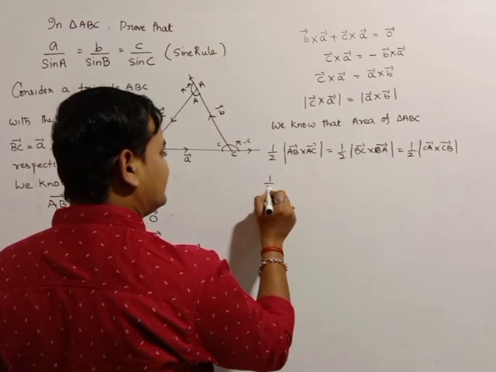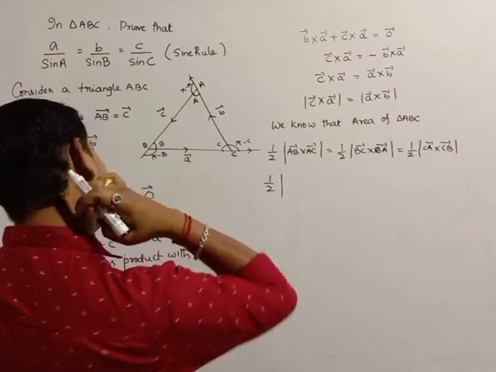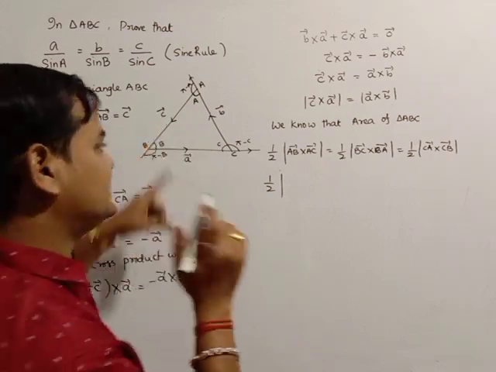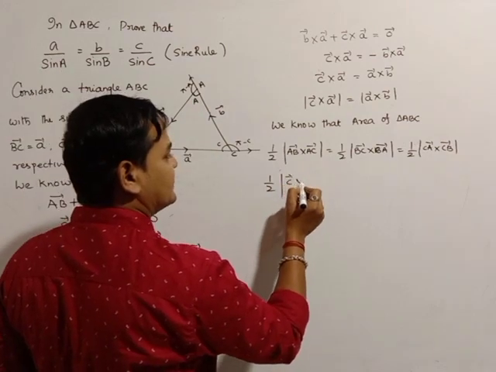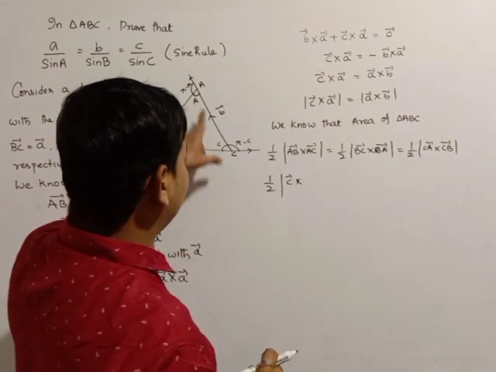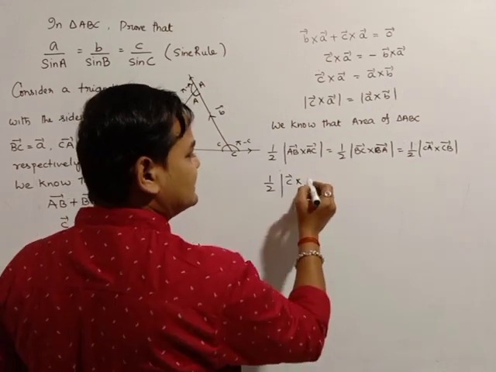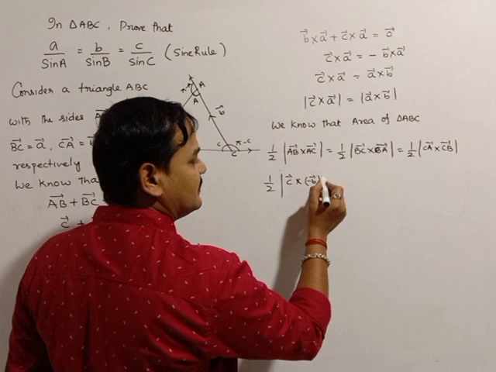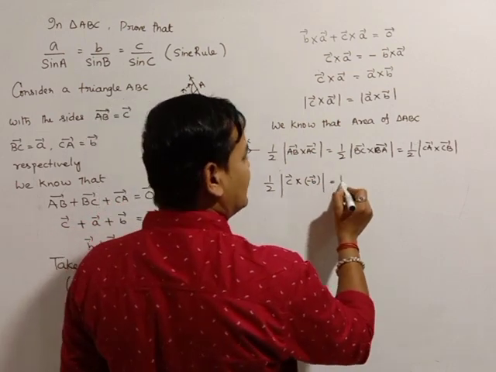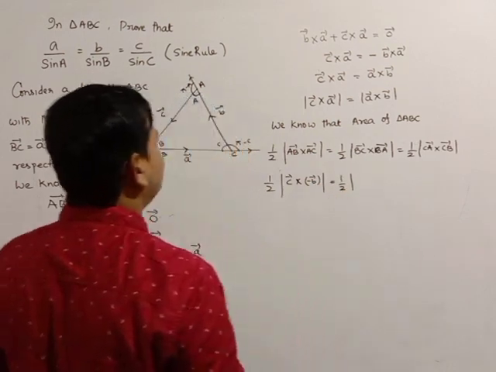So that is half modulus of AB bar, which is c bar, cross AC bar, which is in the opposite direction, minus b bar, is equal to half modulus of BC bar.